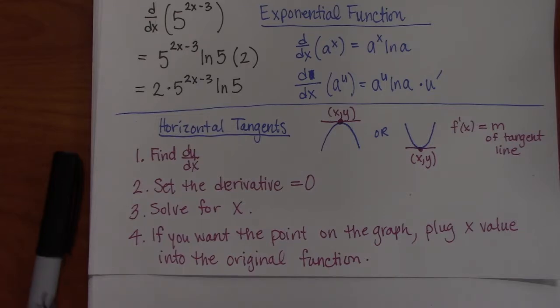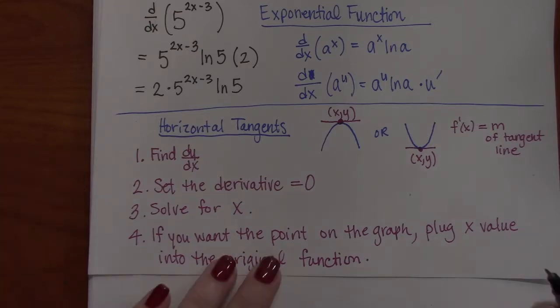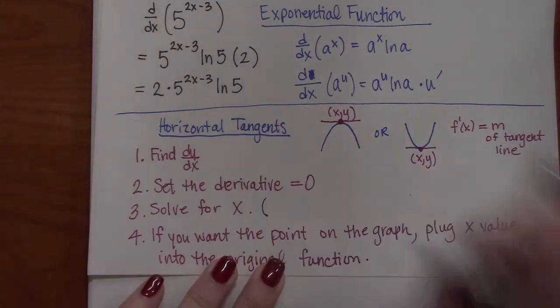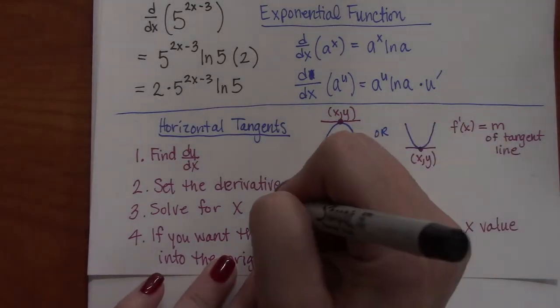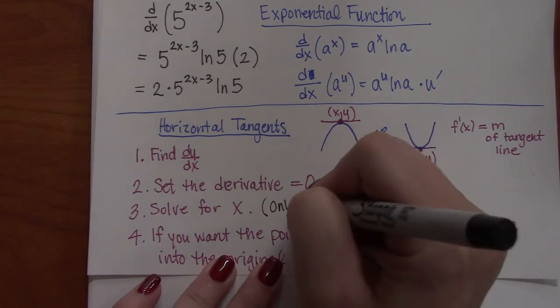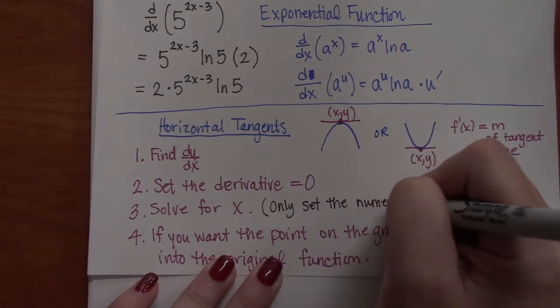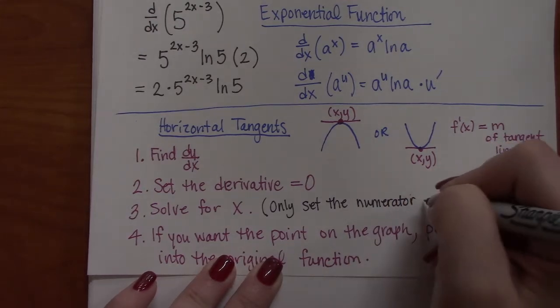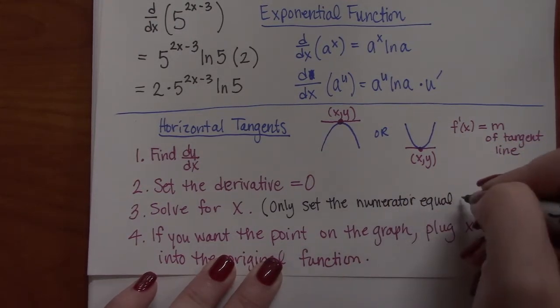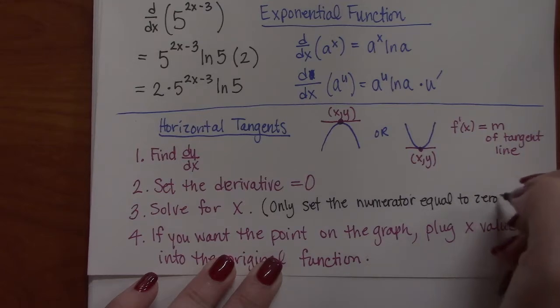Now, I want to add one more little caveat to this. When you're solving for x, you only have to set the numerator equal to 0.